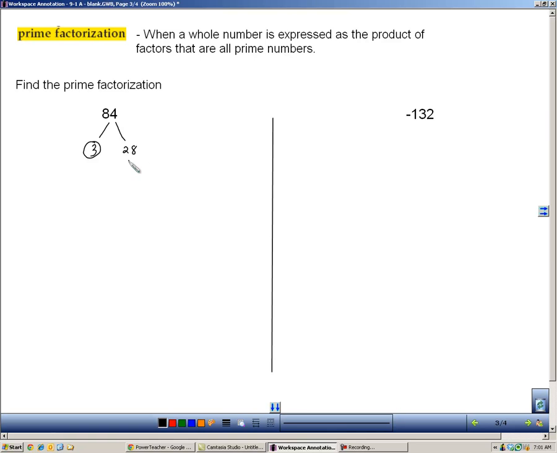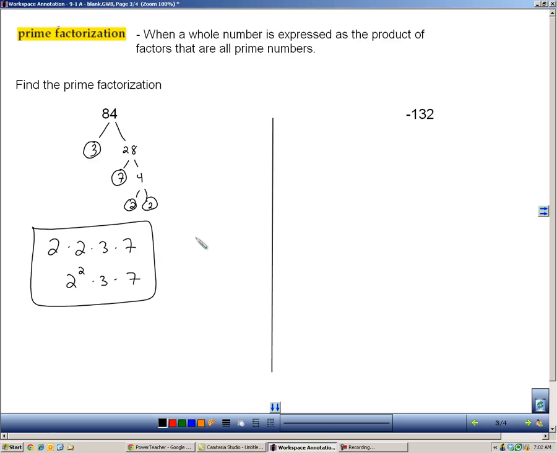And then we'll keep going with 28. 7 and 4. 7 is prime, so we'll circle that. And then 4 is 2 times 2. Those are both prime, so we'll circle those. So once you get all prime numbers, you can't break them down anymore. You list them from smallest to biggest. So 2 times 2 times 3 times 7. The other way to write this, since there's two 2's, you can do 2 squared. Either one of these answers is acceptable.